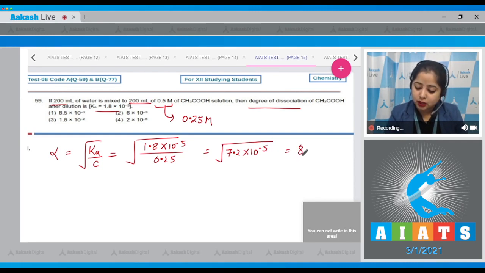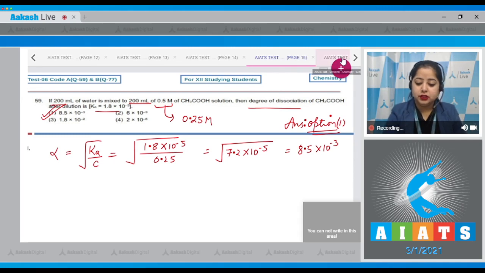That is 8.5 into 10 raised to the power minus 3. Student, please avoid using a calculator. Try to solve such equations with your hands and take your time. I have already done the entire calculation and am finally writing the final answer, which is option number 1. So here I'm writing answer is option number 1.